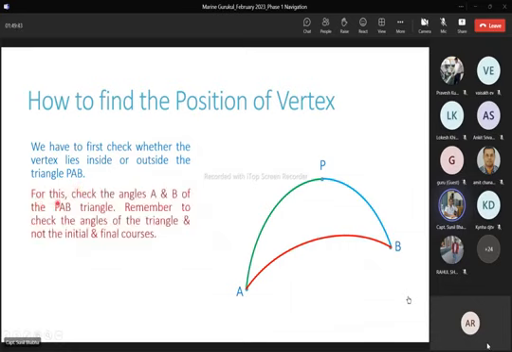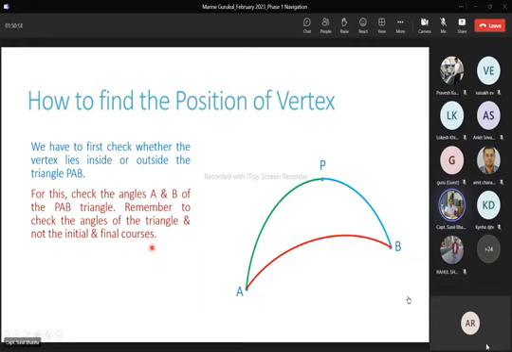To check this, first check angle A and angle B of the PAB triangle. Remember, when we did the initial great circle calculation, we obtained these two angles to find the initial and final courses. So we have to look at these angles. Remember to check the angles of the triangle and not the initial and final courses.